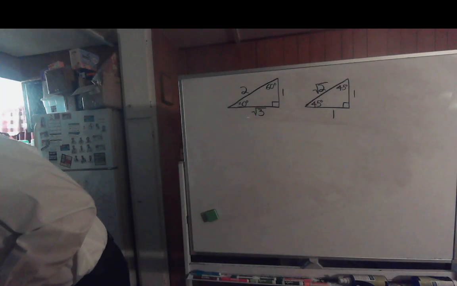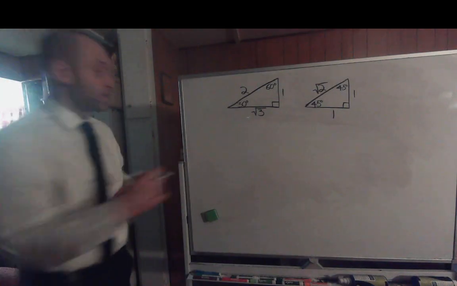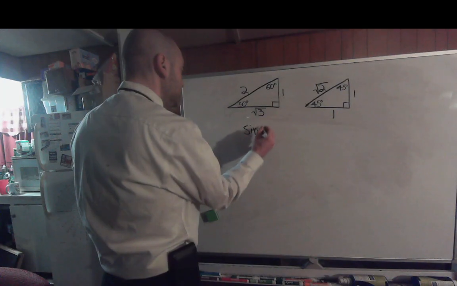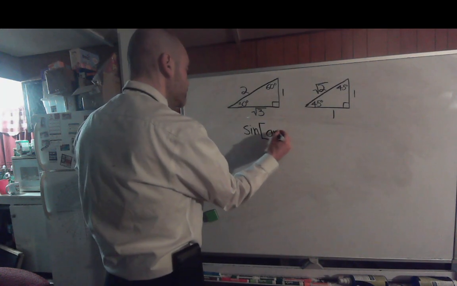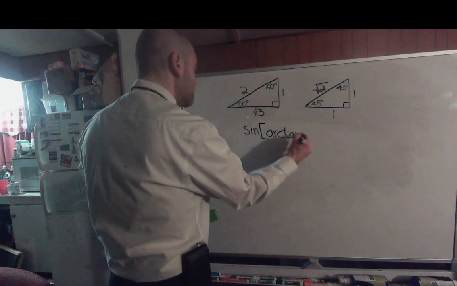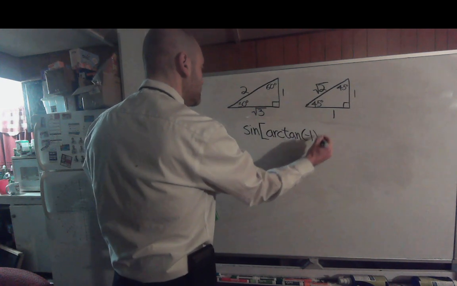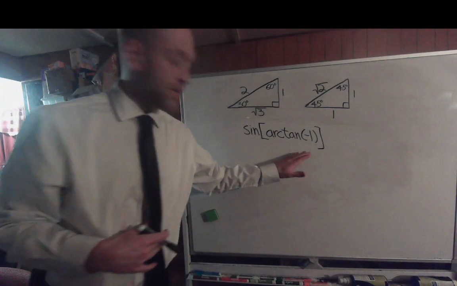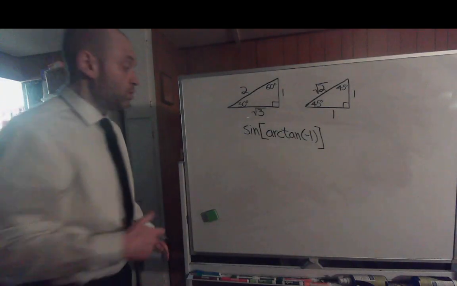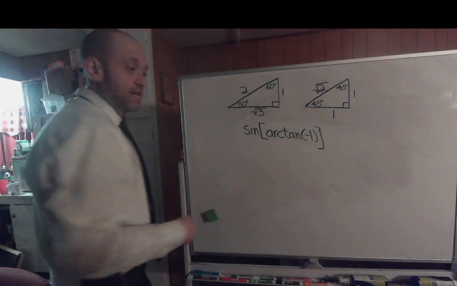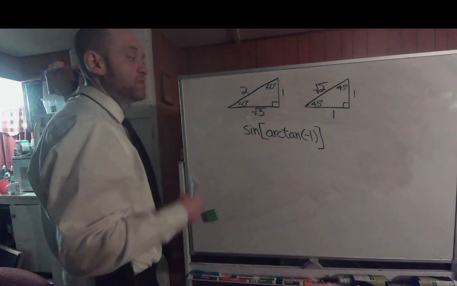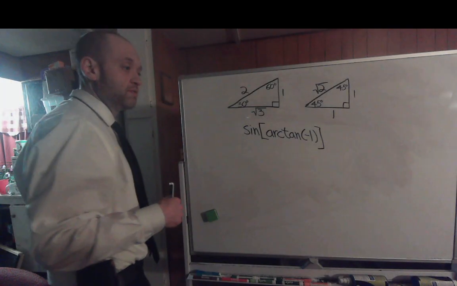I got 3 more. Now how about this one? Sine of the arc tangent of negative 1. So we're going to do sine of the arc tangent of negative 1. Well, what's the range of the arc tangent function? That's going to be negative pi over 2 non-inclusive to pi over 2 non-inclusive.